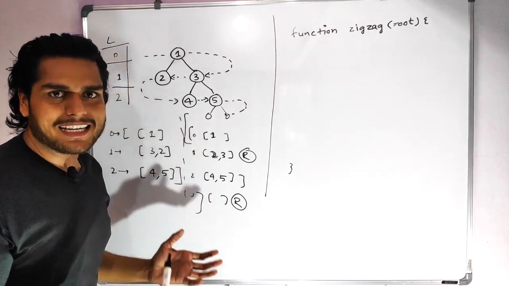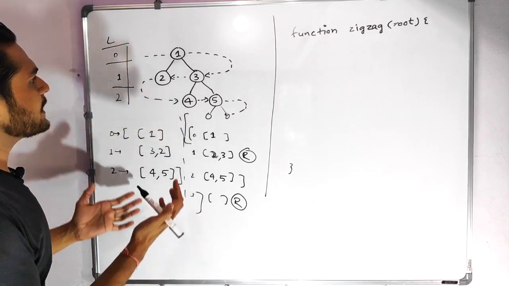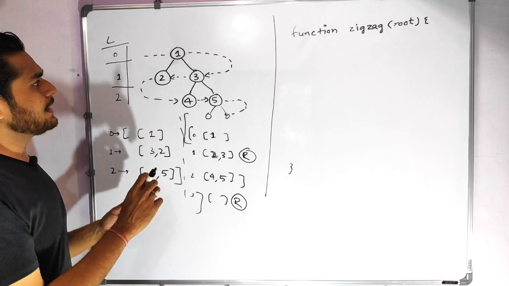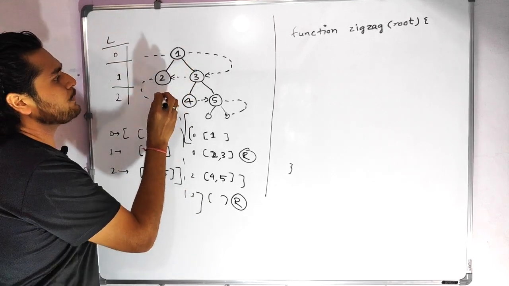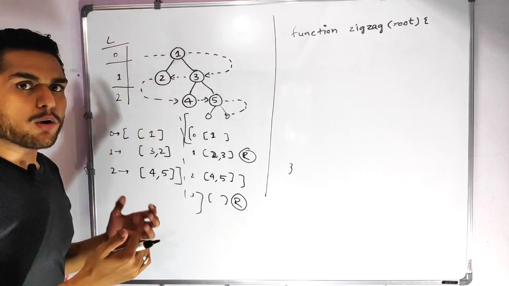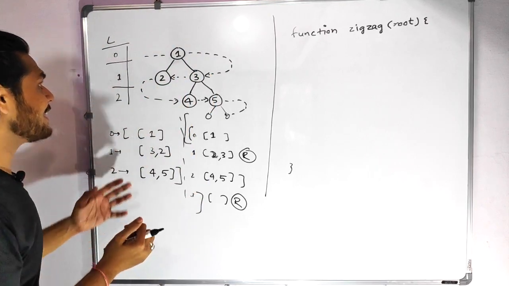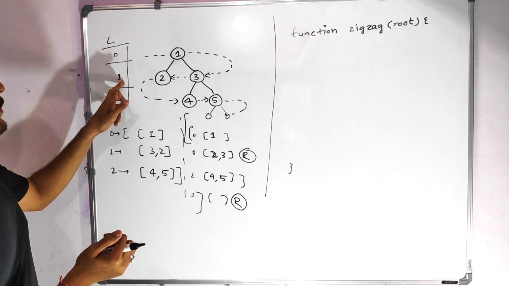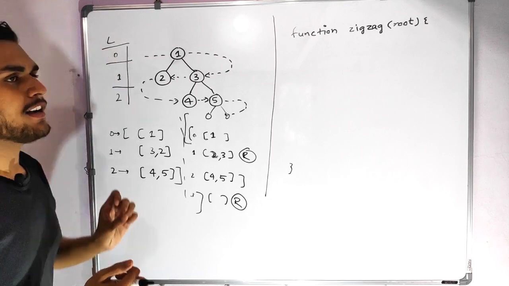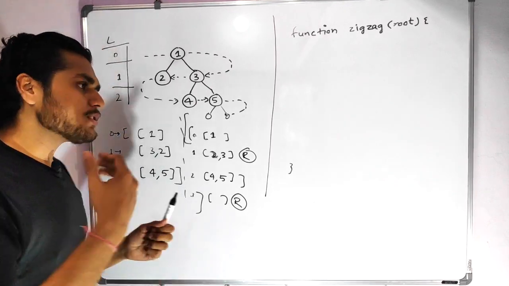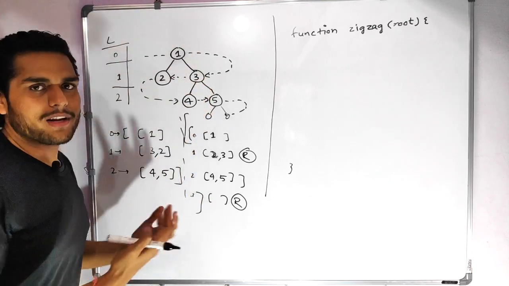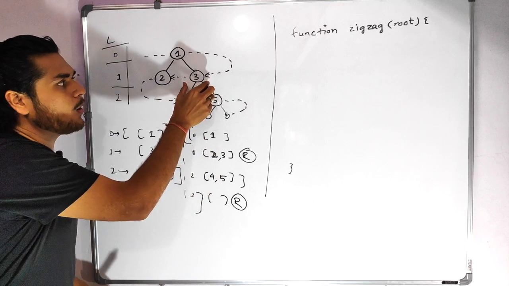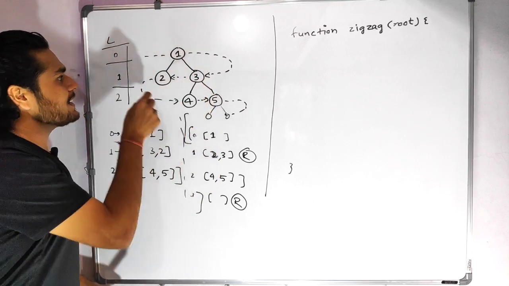This makes sense, but the problem we face is that when we are traversing our tree, if we are at node 3, we don't know what level it is at. It should also know the respective level position. So suppose we got to know that this 3 is present in level 1.